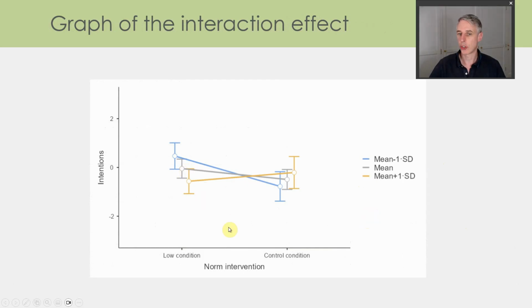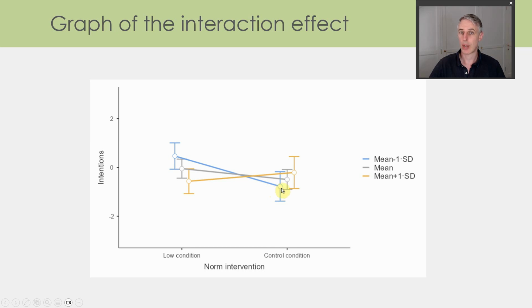So let's look at the figure and try to see what's going on there. This is the slope, or the effect, of the norm intervention. The norm condition is here and the control condition is here. Remember, it was only really having an effect when identification was low, the blue line. What looks to be happening is that intentions are descriptively higher in the intervention condition than in the control condition.